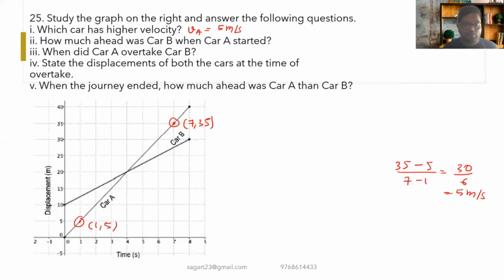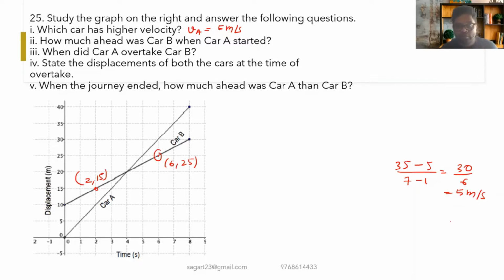Now let us find for car B. I'm going to take any 2 points which I can find on car B's graph. So let's take this one, which is 2 comma 15, and I'll take this one, which is 6 comma 25.